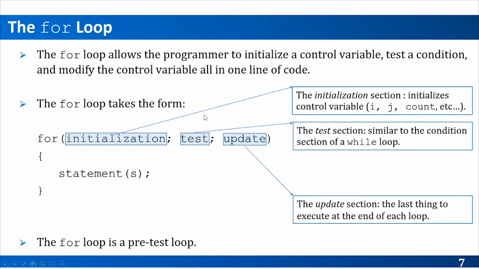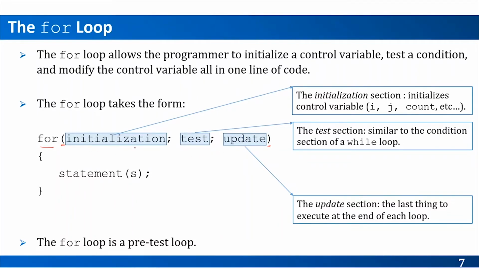The for loop structure seems to be more complicated, but actually once you understand it, you will understand how neat the for loop is. The for loop has the keyword for, as you can see here. So let me pick up the pen, and then we have the for loop, the for keyword here. It's followed by parentheses, which should be there.